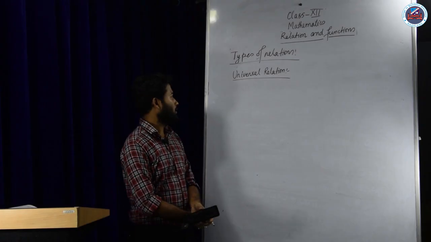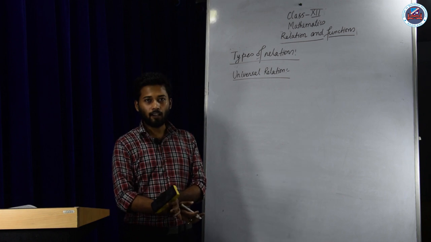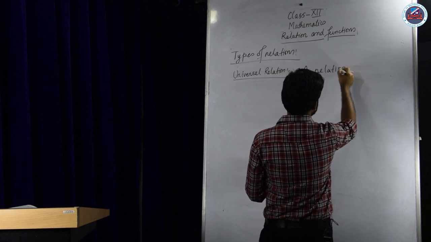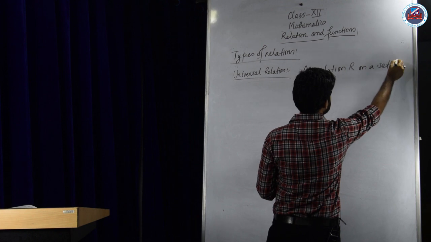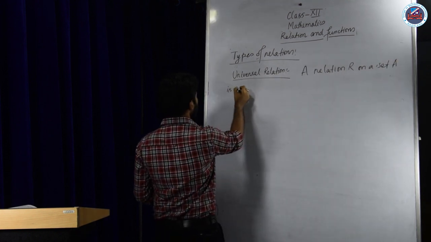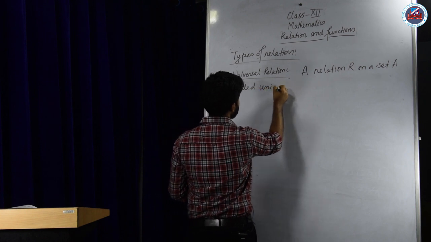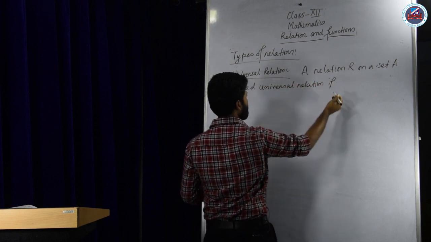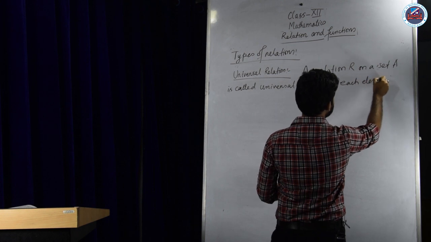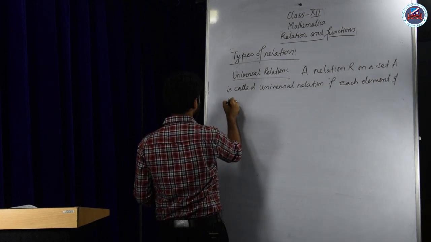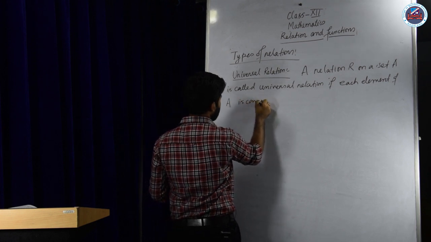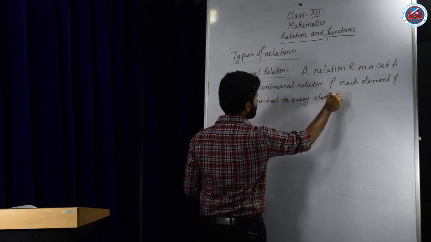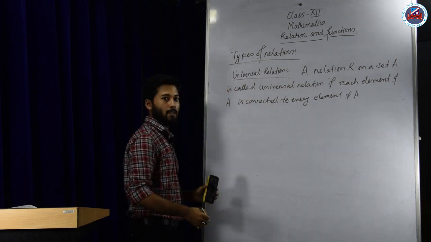So next we have a universal relation. A relation R on a set A is called a universal relation if each element of A is connected to every element of A. Clear?